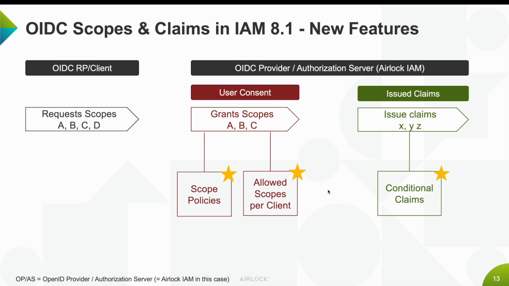And one of the most important conditions is whether a scope is present or not. So for example, you can now implement the use case: if the client requests scope email and the user grants scope email and it also is allowed for this client, then we can include the email address in the issued claims.